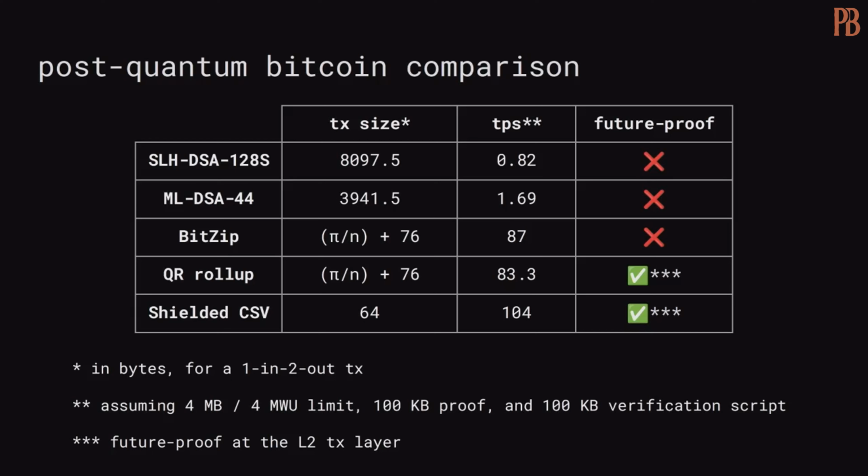Users transfer their BTC into this system, and then their shielded CSV node will detect that they have received a deposit, and then they are able to create a cryptographic proof that they own these coins, and they can transfer them to somebody else.